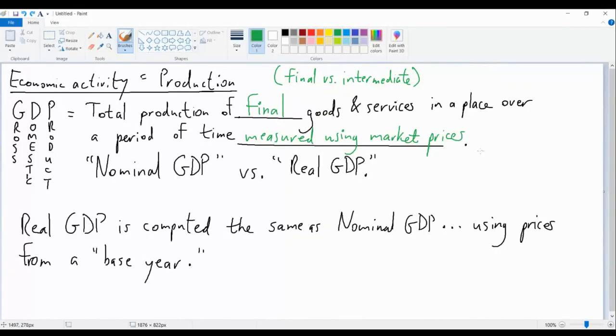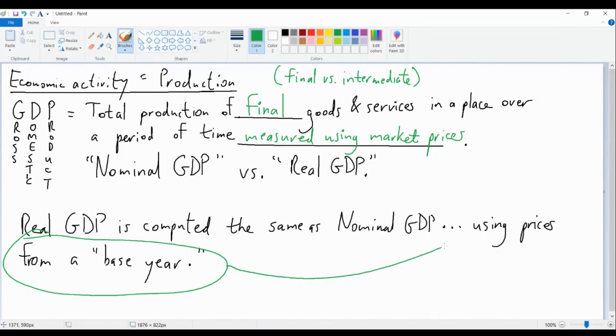So all you need to do to change this definition is take this from a base year and add it there. Got it? This should be, again, a refresher for most of you. Well, for all of you. It's just a question of how long ago was the last time that you had to do this. Any questions about this definition?